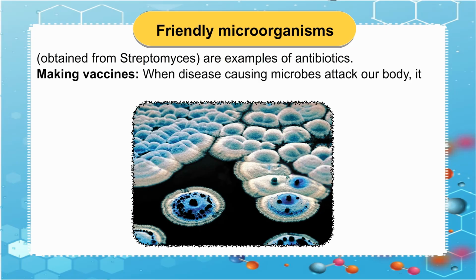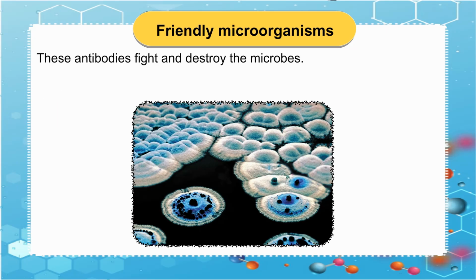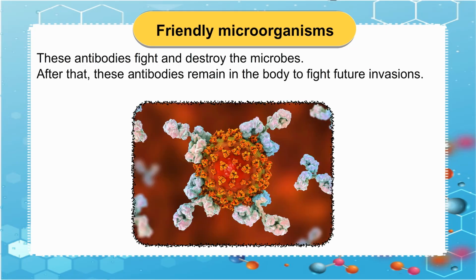Making vaccines. When disease-causing microbes attack our body, it starts producing substances called antibodies. These antibodies fight and destroy the microbes. After that, these antibodies remain in the body to fight future invasions.